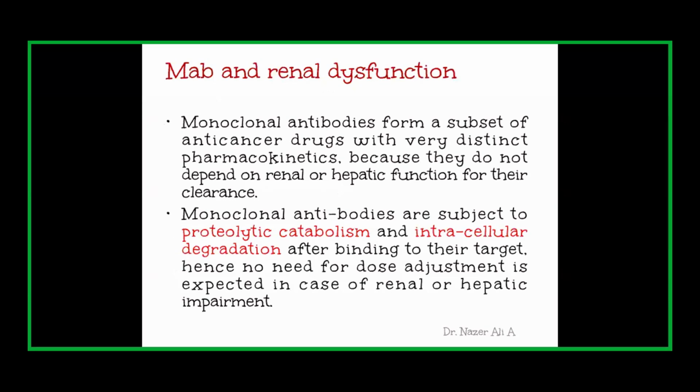So that has nothing to do with hepatic dysfunction and renal impairment. So those doses need not be adjusted. Whereas for other drugs, if eliminated by the kidney, they will go for other alternatives which are renally safe.